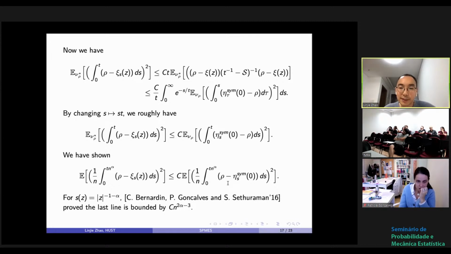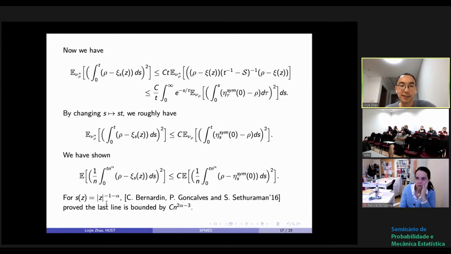So now we need to consider the occupation time of the exclusion process with long jumps, and this was considered by Cédric, Patricia, and Sunder in 2016. They consider the jump rate 1 over |z|^(d+alpha). So this is why I assume the second condition.